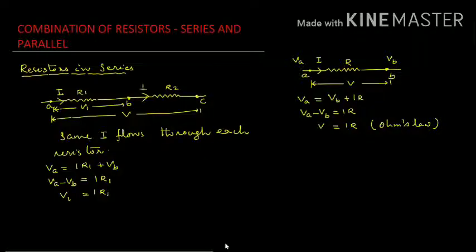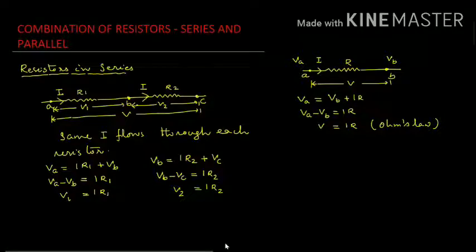Similarly, the same current flows through the resistor R2 from B to C. The potential drop across R2 is I R2, and the potential difference between B and C is V2. VB is equal to I R2 plus VC, so VB minus VC equals I R2, that is V2 equals I R2.